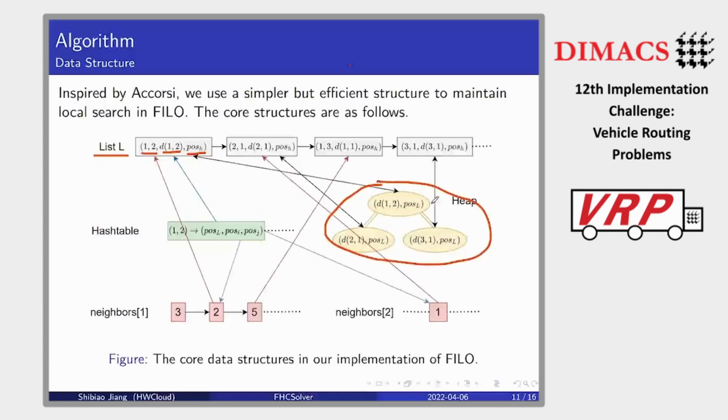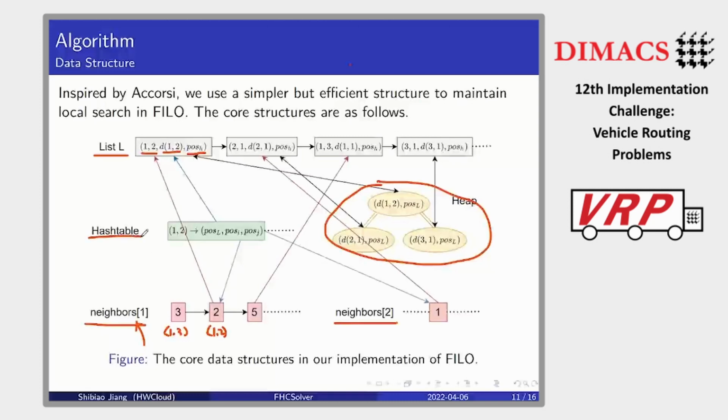The SMD structure also maintains a heap to quickly check the pair with the smallest delta value. And there are also some linked lists to quickly find the index of some pair, like neighbors 1. It means that it records all the pairs associated with customer 1, like this means 1, 3, and this means 1, 2. And it records the position that points to the list L.